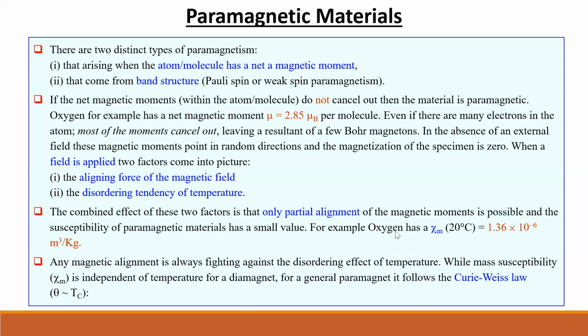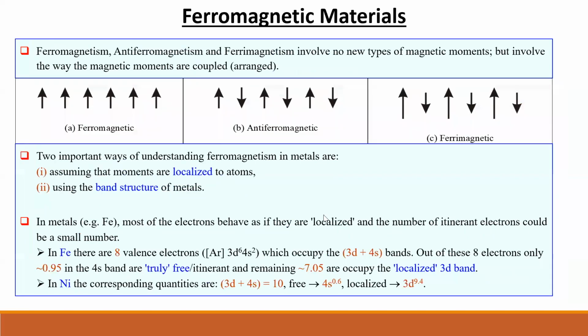For example, oxygen has a magnetic susceptibility of the order of 1.36 times 10 to the power minus 6 at 20 degrees Celsius. Any magnetic alignment is always fighting against the disordering effect of temperature. While mass susceptibility is independent of temperature for a diamagnet, a general paramagnet follows the Curie-Weiss law.